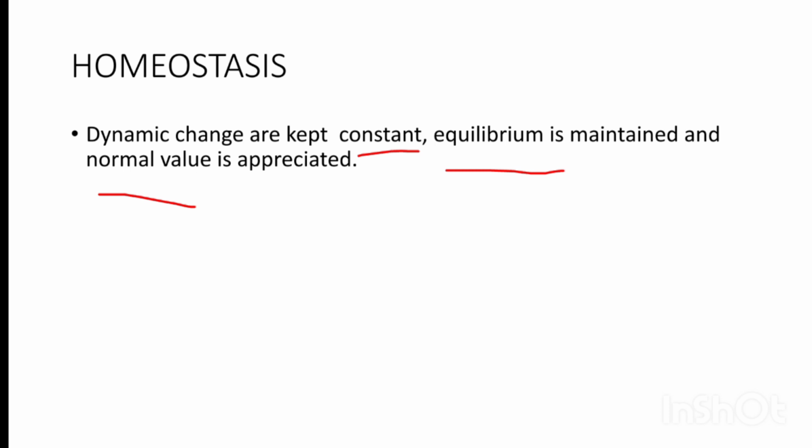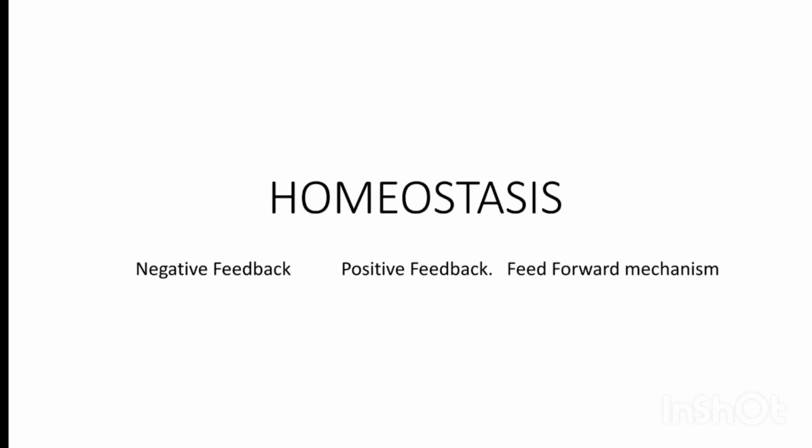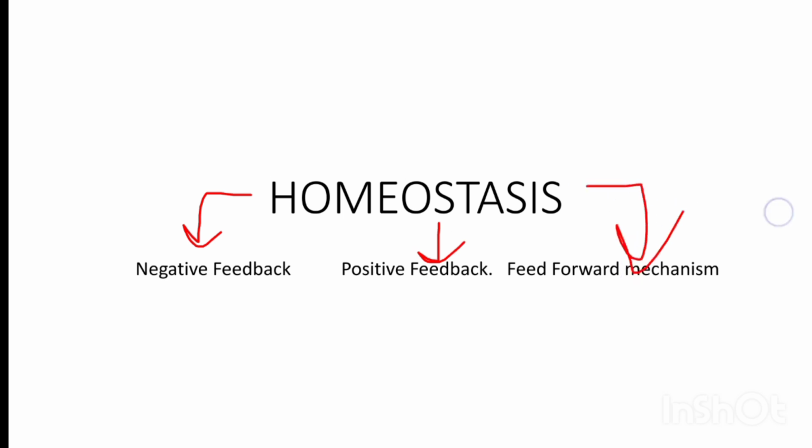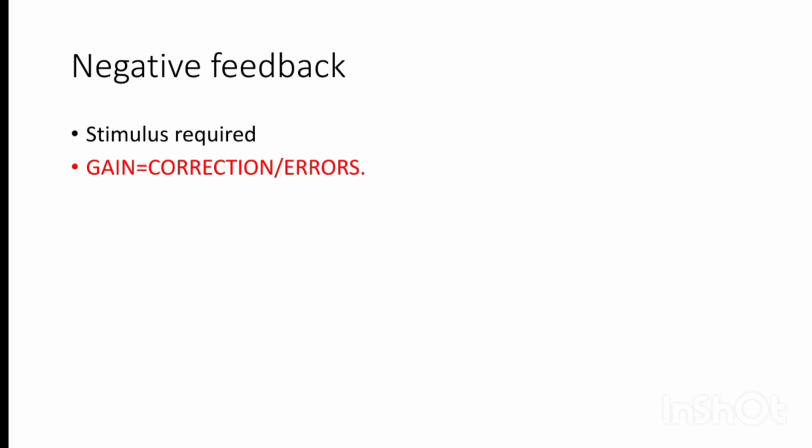So mainly there are three types of feedback mechanism in homeostasis. It can be negative, positive, and feed forward mechanisms. And trust me, all these are important from the exam point of view. Okay, so negative feedback क्या है?